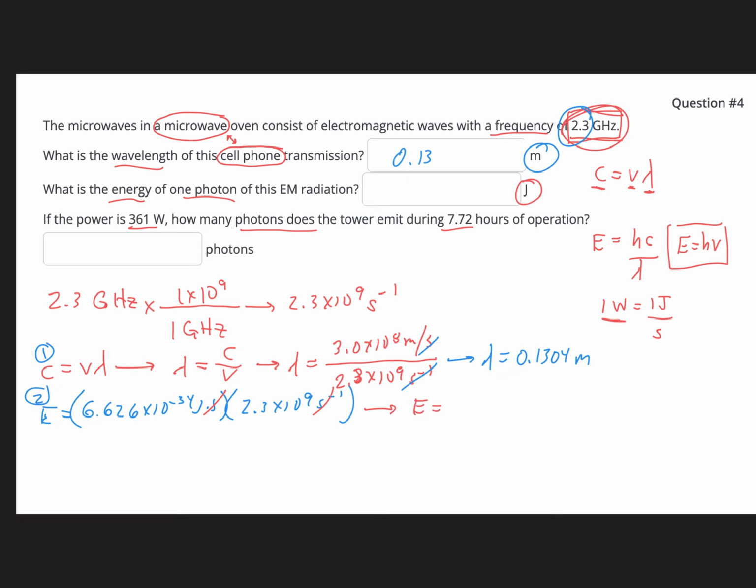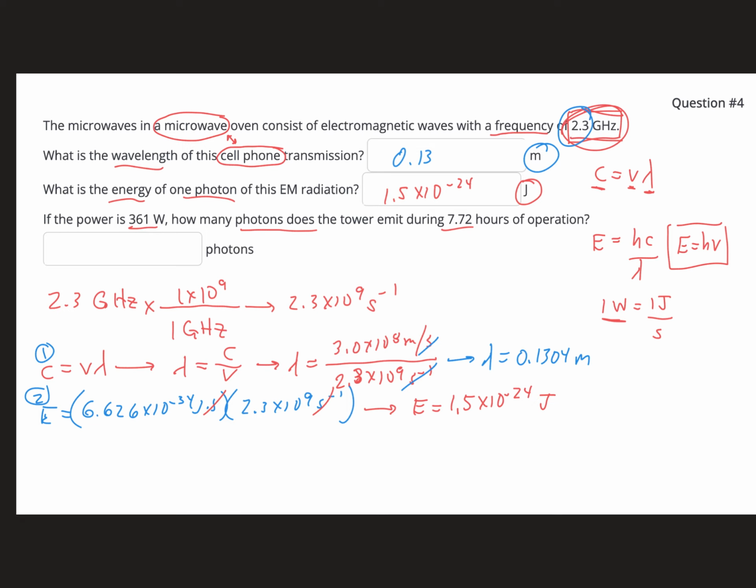So we multiply 6.626 times 10 to the minus 34 by 2.3 times 10 to the 9, our frequency. We get an energy per photon of about 1.5 times 10 to the minus 24 joules. So that's the answer for part 2, 1.5 times 10 to the minus 24 joules.